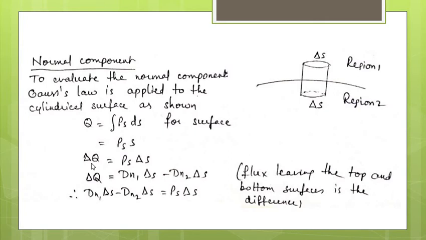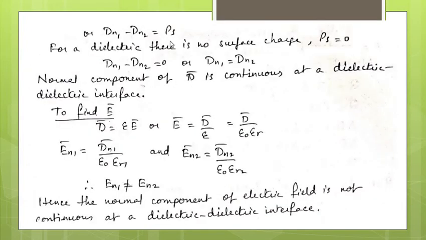Now if you take the differential terms, we can write it as delta Q is equal to rho S into delta S. So here delta S is the difference of both of these two components, Dn1 and Dn2. So for both the regions, we can write it as Dn1 delta S minus Dn2 delta S. If you take delta S common, we can write Dn1 minus Dn2 is equal to rho S. So here one more important point.